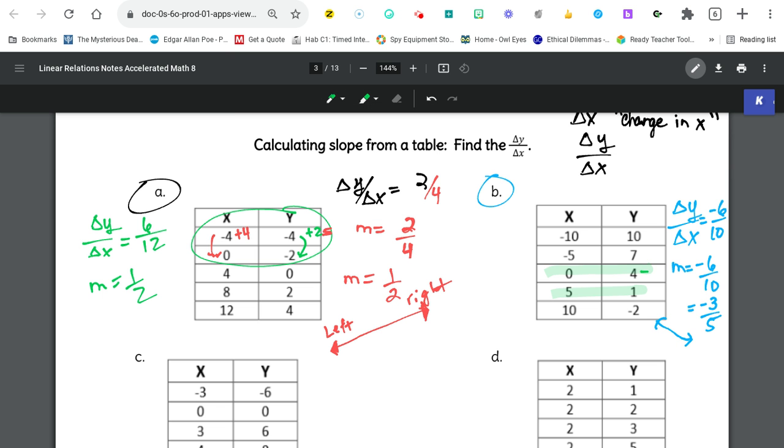So 4, let me do it in red. 4 minus 3 is 1. So I know the change in y is -3. And the change in x was 0 plus 5 is 5. That's how I get to 5. So the slope is -3/5. And it's already simplified.